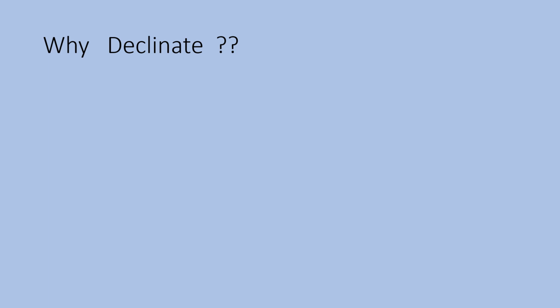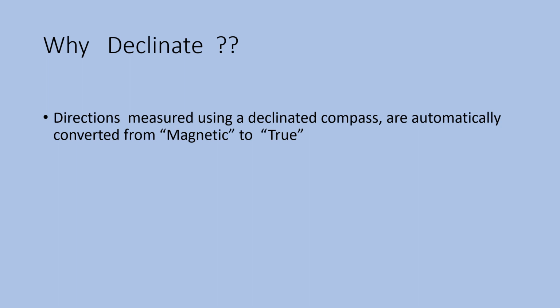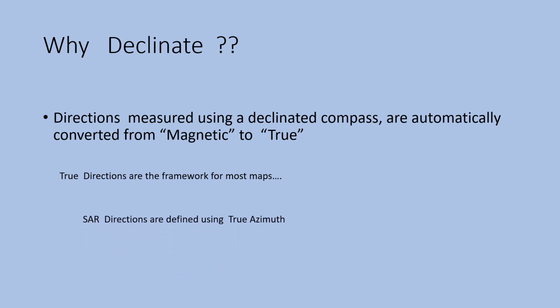Directions measured using a declinated compass are automatically converted from magnetic to true. True directions are the framework for most maps. SAR directions are defined using true azimuth.